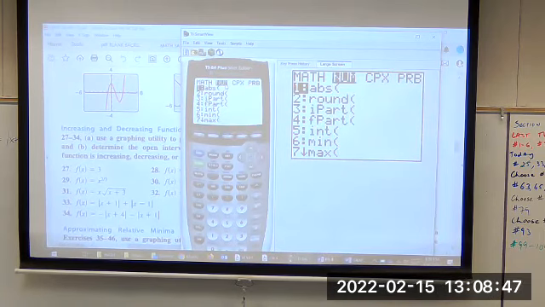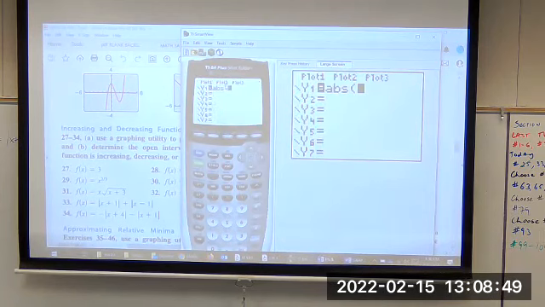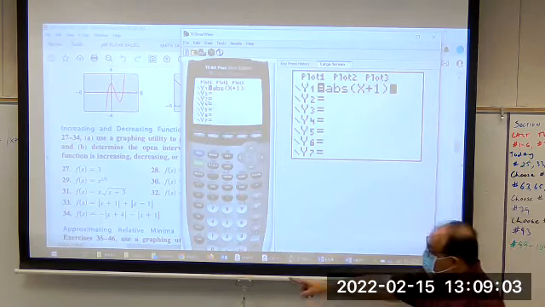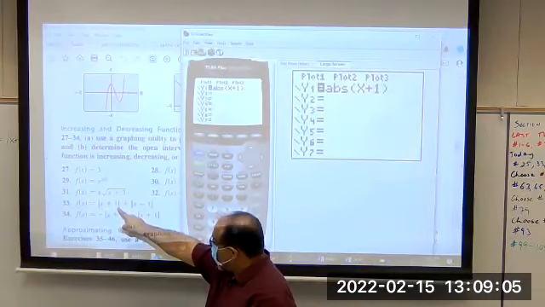So I hit enter. And so it's ready to take the absolute value of, and the first thing I plug in is the x plus 1. So x plus 1. And then you got to close that parentheses. So there's the absolute value of the x plus 1.